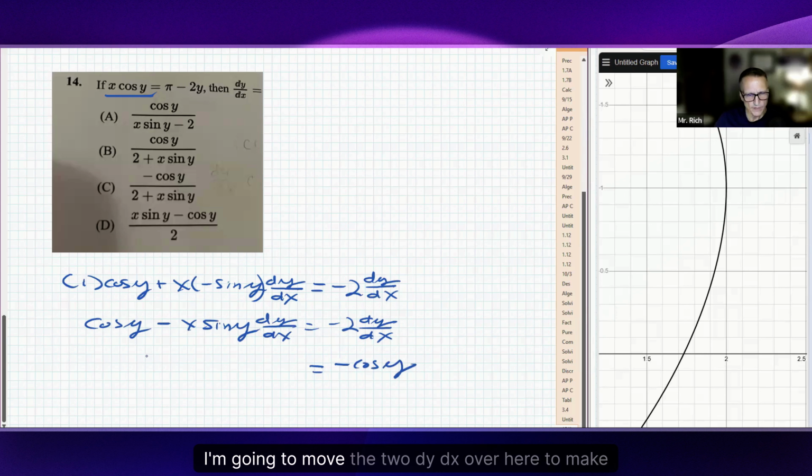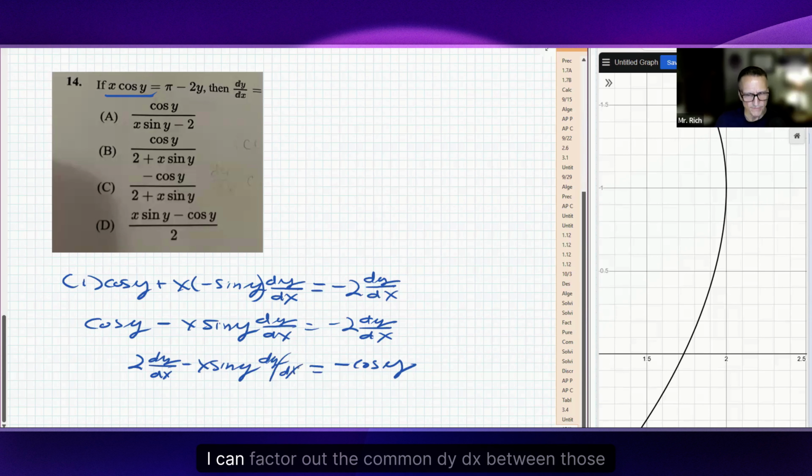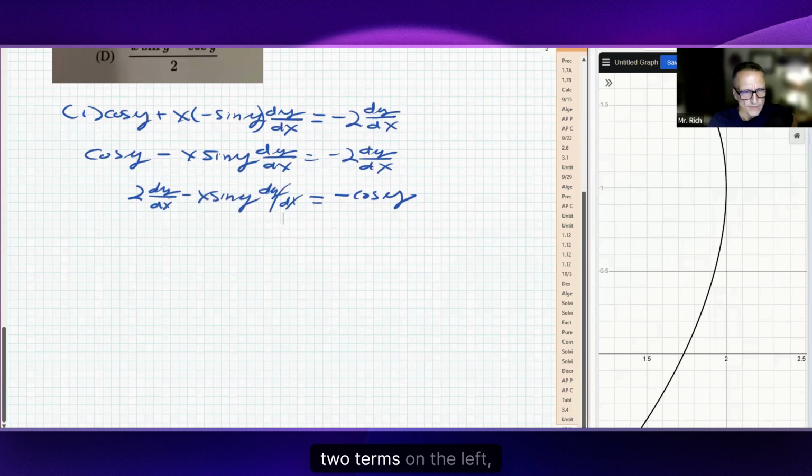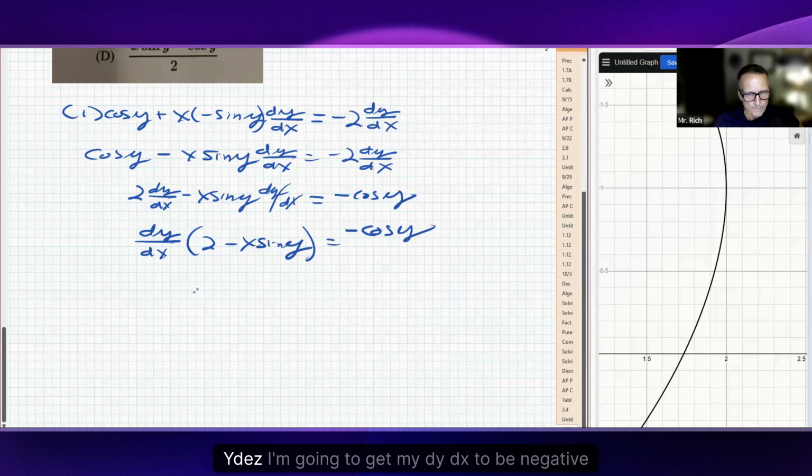I'm going to move the 2 dy dx over here to make it positive, minus x sine y dy dx. And at this point, I can factor out the common dy dx between those two terms on the left, which gives me dy dx times 2 minus x sine y equals negative cosine y.